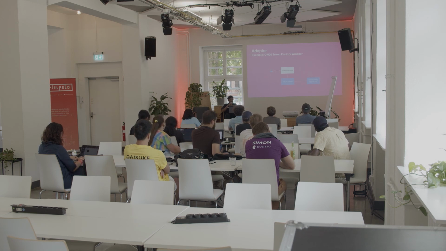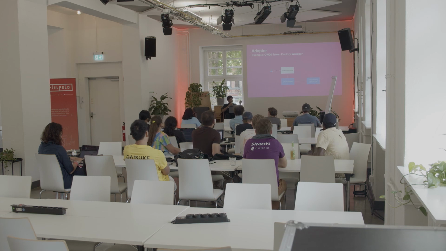But I'm sure most of you are familiar with CW20. And now there's also a thing called Token Factory that delegates to the underlying SDK to mint tokens. And this is a little better than having CW20s because the SDK coin types are compatible with IBC, and they integrate with wallets and all that kind of stuff.